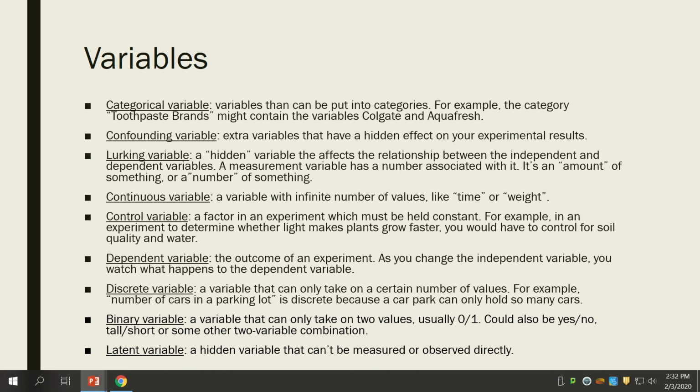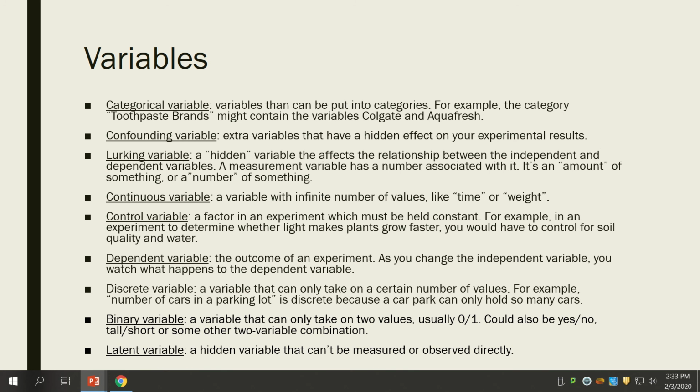All right. A latent variable. This is very common in psychological research, and one of the groups is doing this in particular, the personality and diet preference group. A latent variable is just a hidden variable that can't be measured or observed.